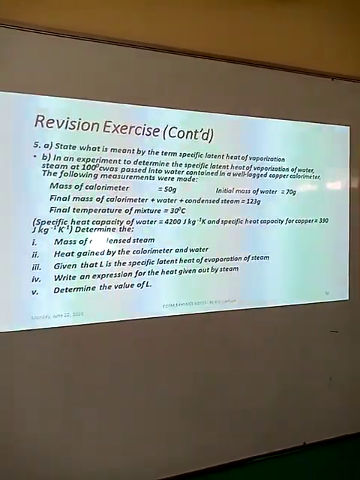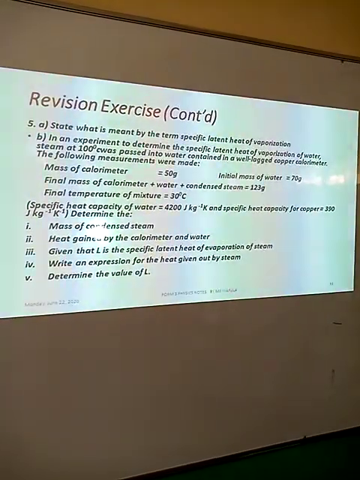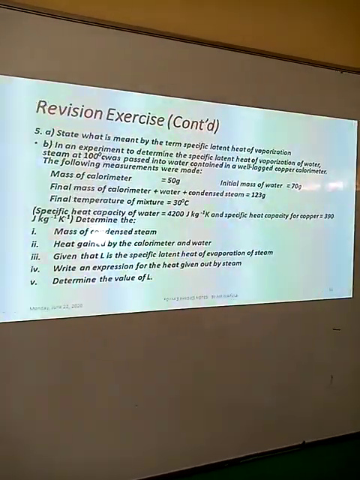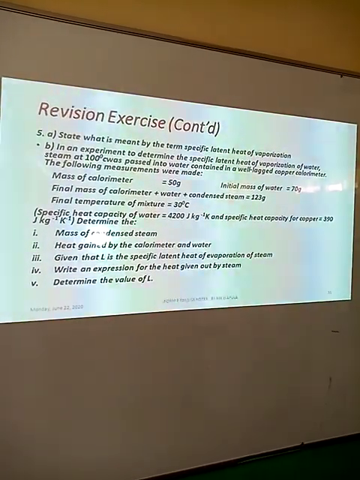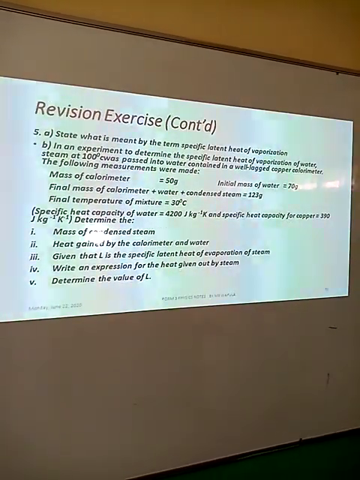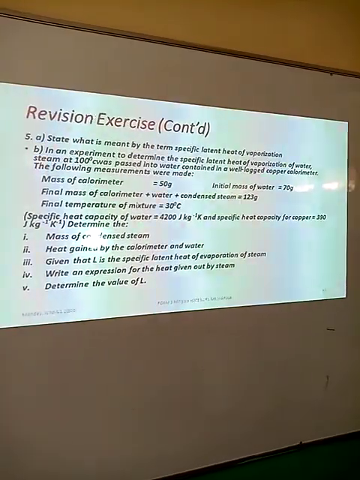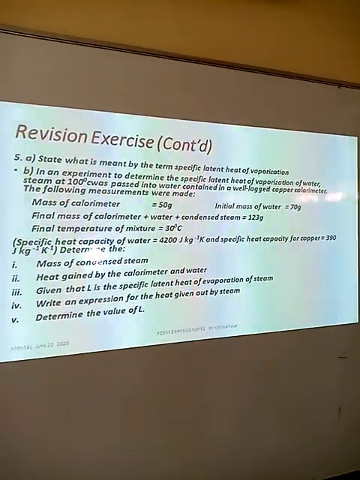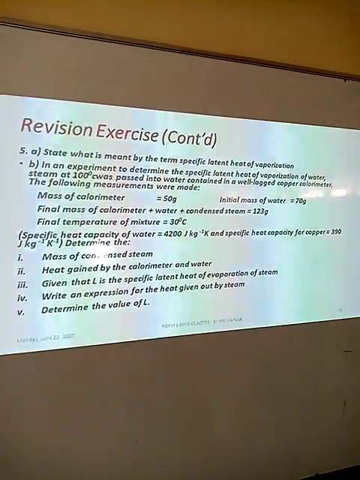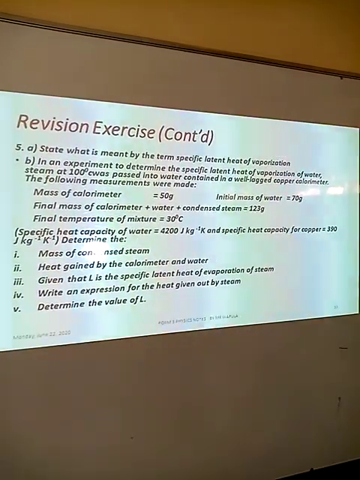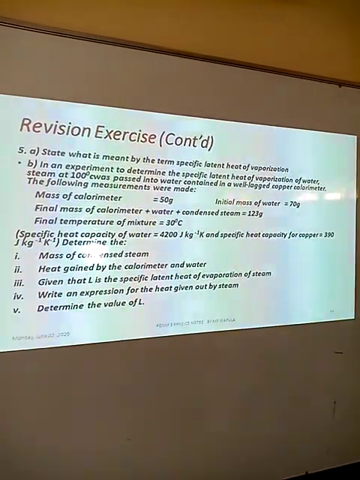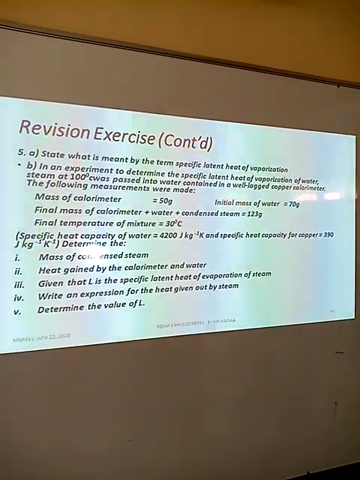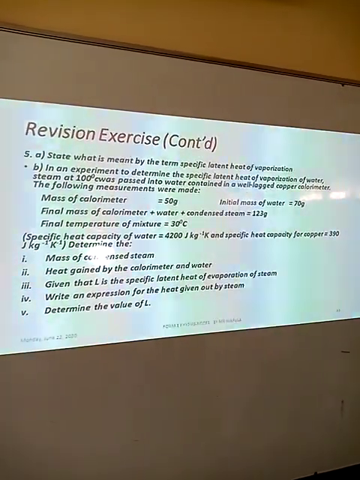Number 5, state what is meant by specific latent heat of vaporization. Number B, in an experiment determining the specific latent heat of vaporization of water, steam at 100 degrees Celsius is passed into water containing a well-lagged copper calorimeter. The following measurements were taken: mass of calorimeter, initial mass of water, final mass of calorimeter plus water plus condensed steam, and final temperature of the mixture.